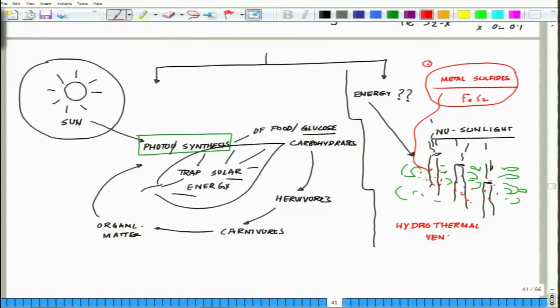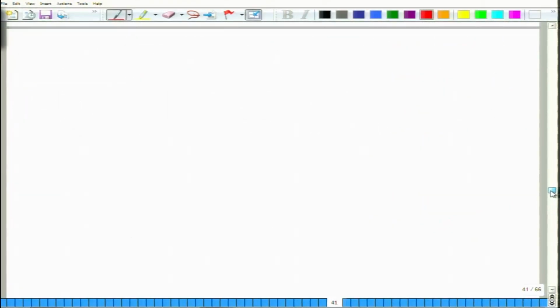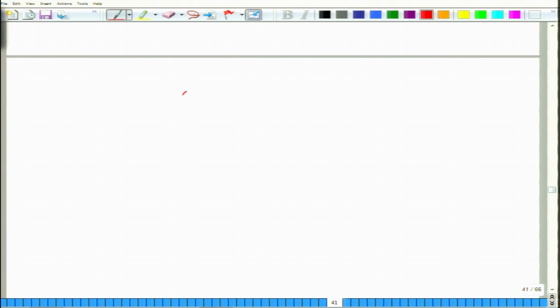So the third, in the same line, I'm going to put across is, if you look at the cell membrane, all of you have seen the cell membrane, any cell membrane, plant cell membrane, animal cell membrane, you will observe something very interesting.